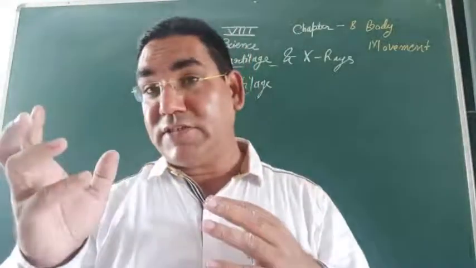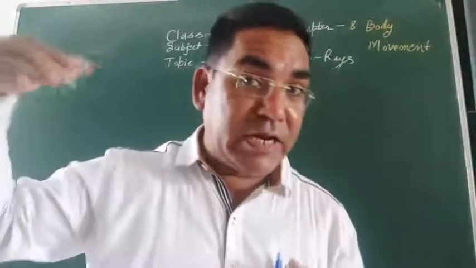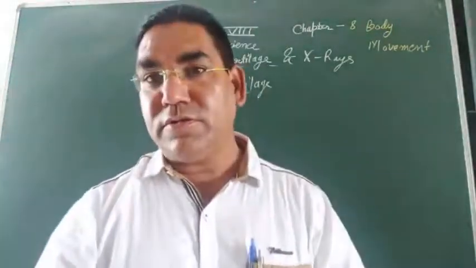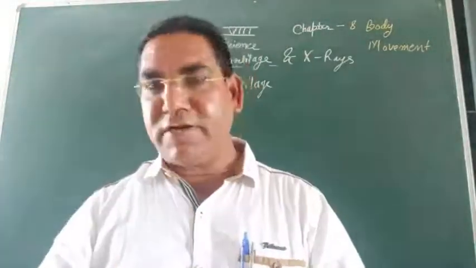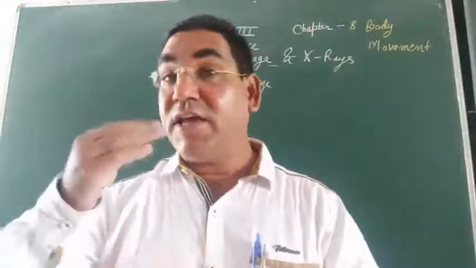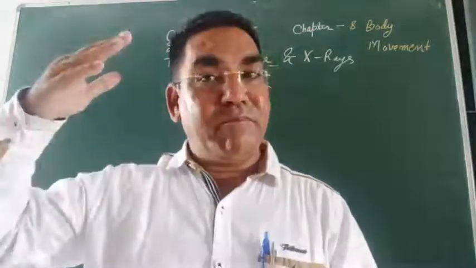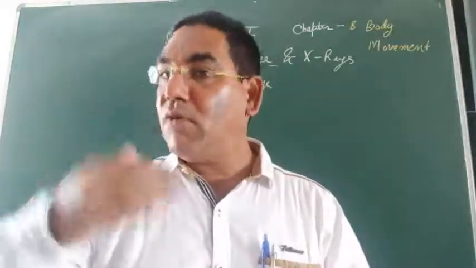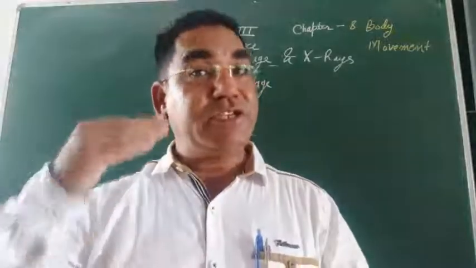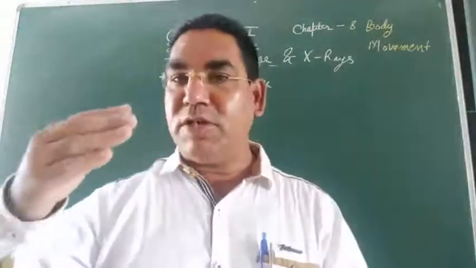X-rays can penetrate our body; the fleshy part can be penetrated, but they are unable to penetrate the bones. So they make a shadow of the bones. X-rays form the shadow of the bones.